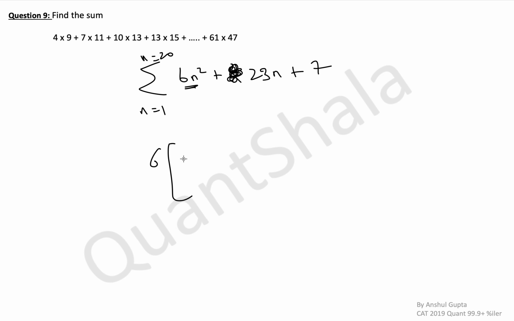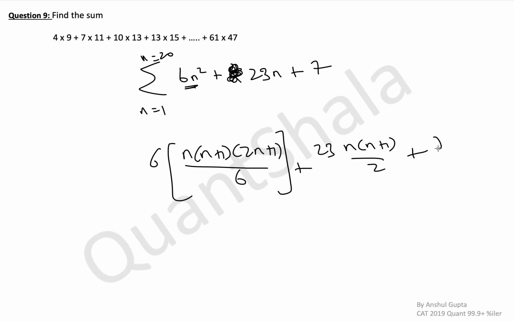Sum of first n perfect squares will be n(n plus 1)(2n plus 1) by 6, plus 23 into sum of first n terms, which is n(n plus 1) by 2, and then sum of 7 multiplied by 1. Okay, so sum of 1 for 20 times will be 7 into n, and then finally you need to put n is equal to 20 in this.